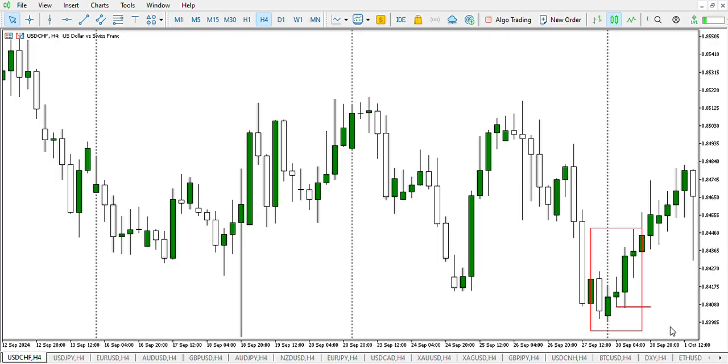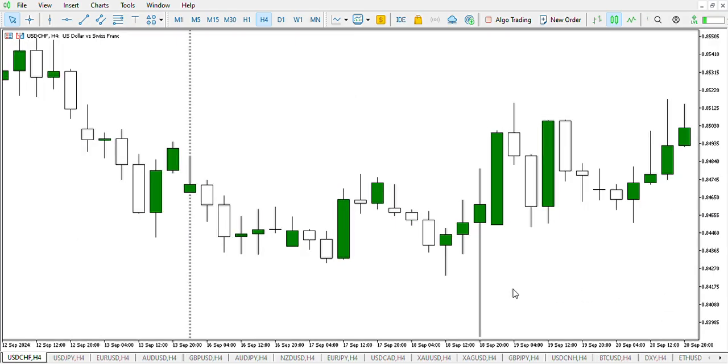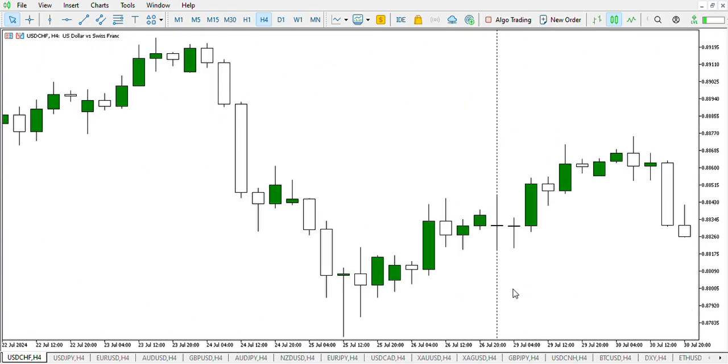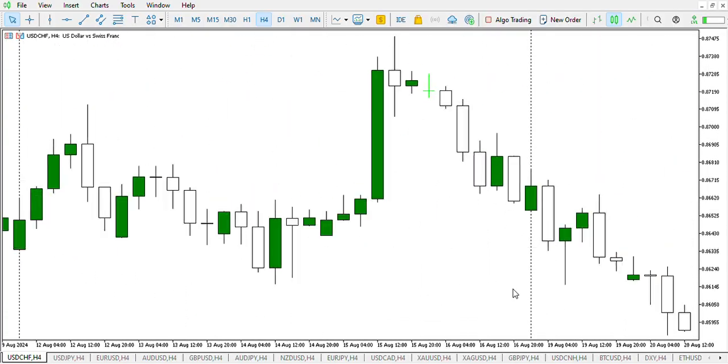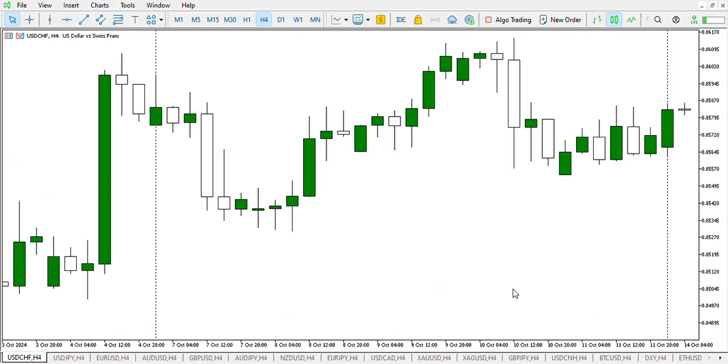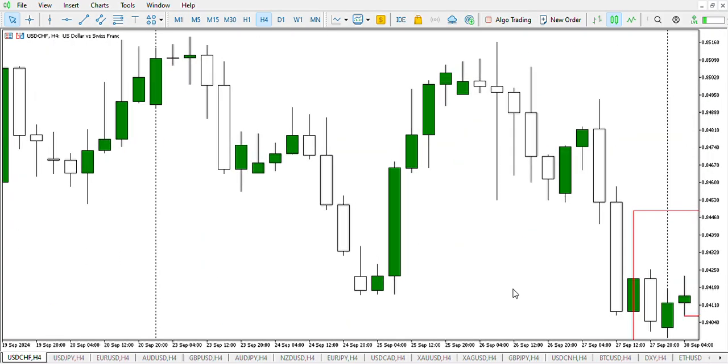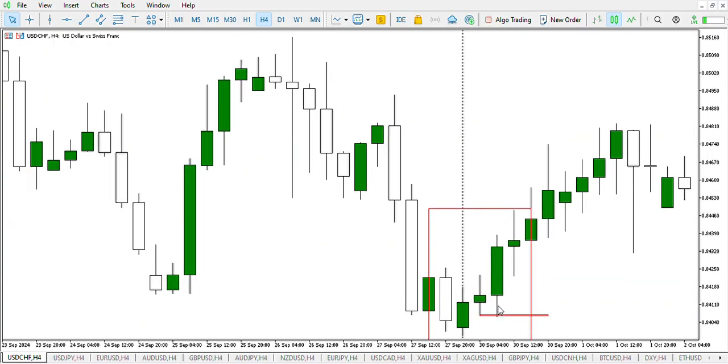Let us zoom in. The fact that it spiked this low right here, and that the price action played out in that manner, signifies that this is not a strong and reliable pattern at all.